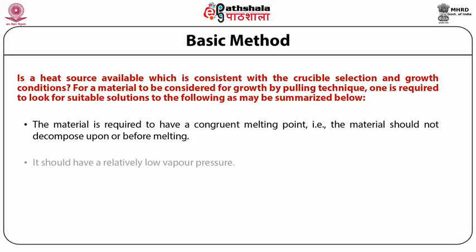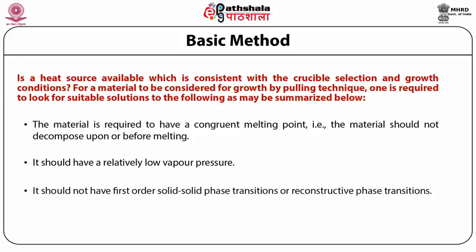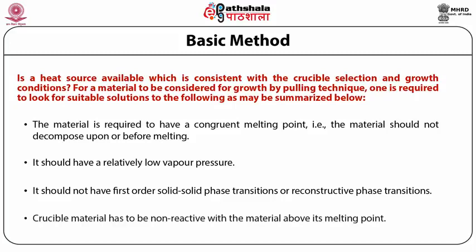Number 2. It should have a relatively low vapor pressure. Number 3. It should not have first order solid-solid phase transitions or reconstructive phase transitions. Number 4. Crucible material has to be non-reactive with the material above its melting point.